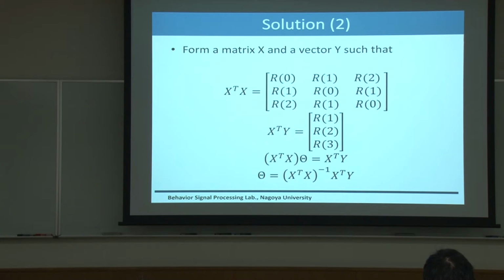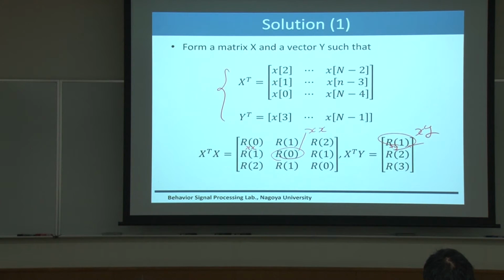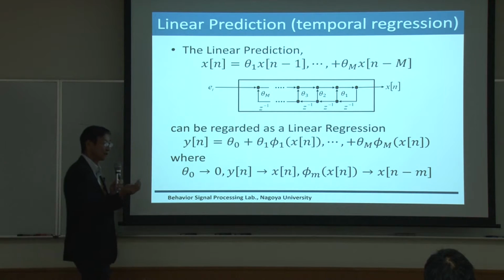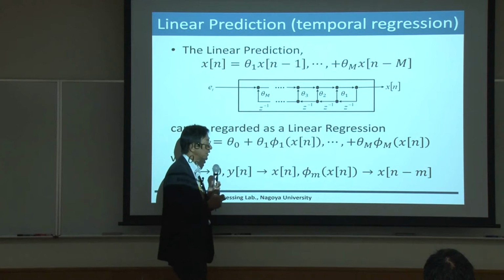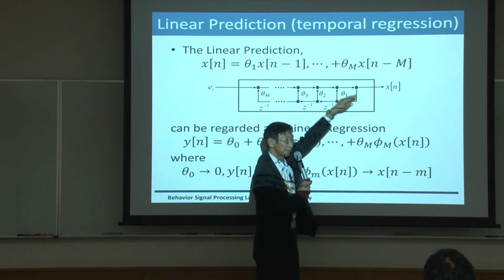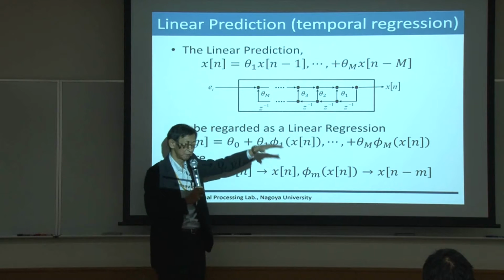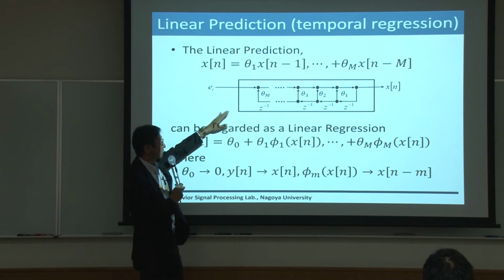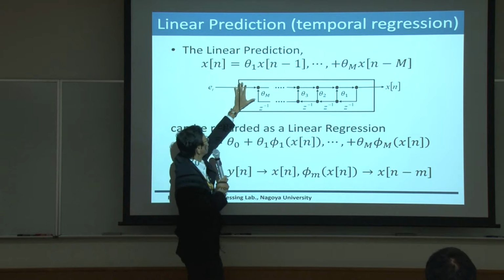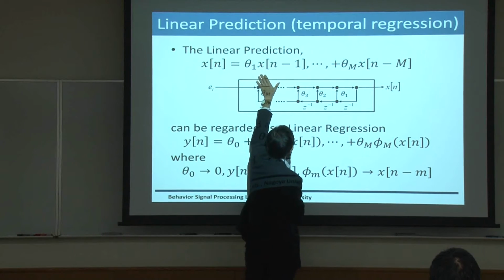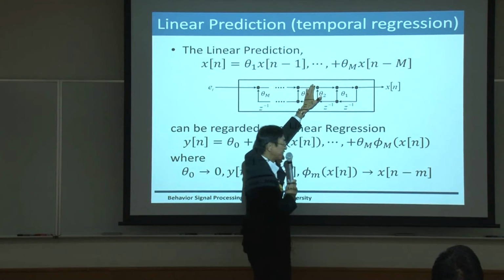And finally, you get the theta, and once you get the theta, you can predict what you're going to have in the next step based on the previous data, because you know theta 1, theta 2. But it is also very important to know that this is the case where the current data is somehow associated with the previous data.